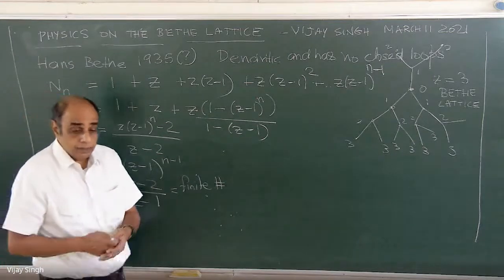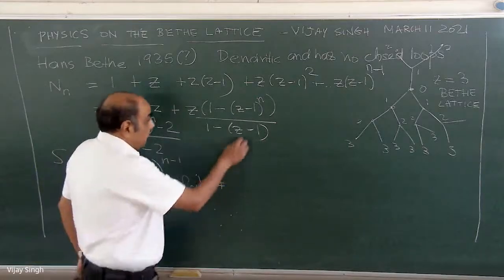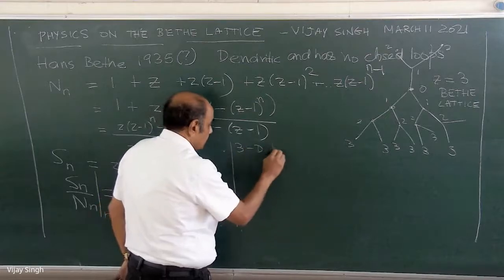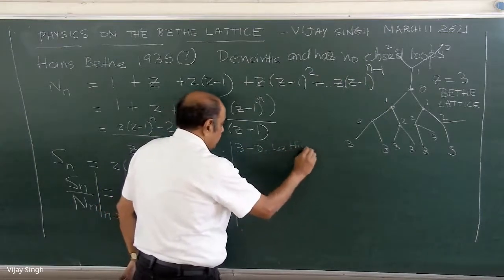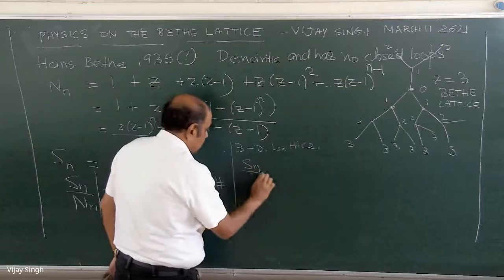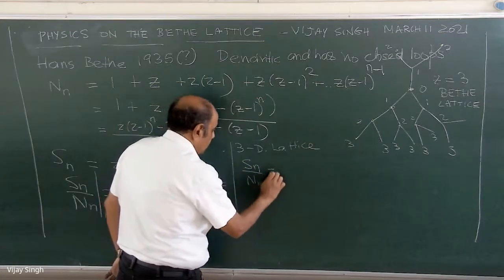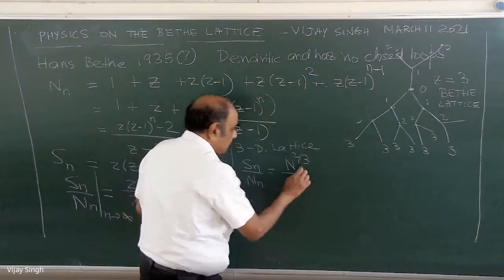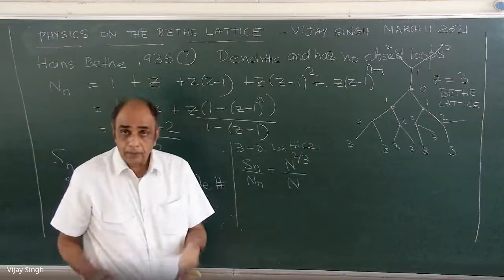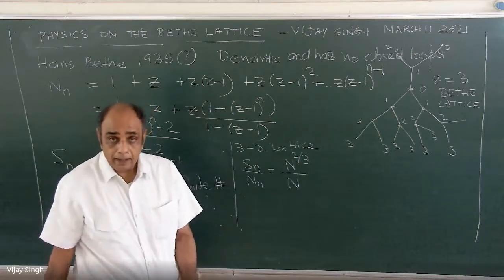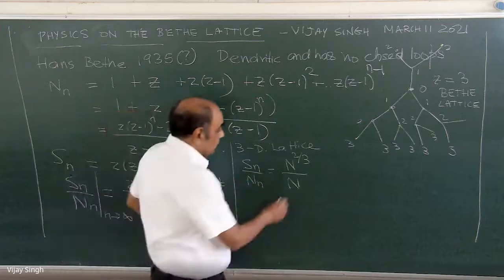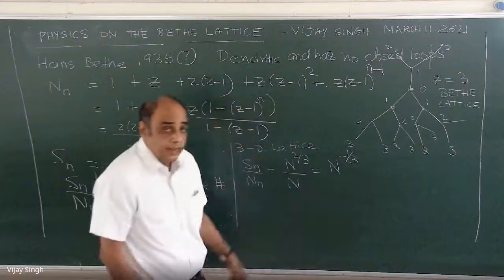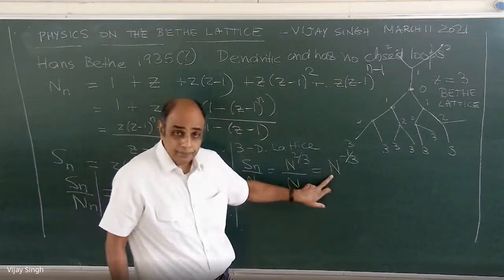How is it, say, for a three-dimensional lattice? For a three-dimensional lattice, S n over N n goes as n to the power of minus 1/3, since 2/3 of the atoms are on the surface. It's 4 pi r squared over 4 pi by 3 r cubed. So this goes as n to the power minus 1 by 3. When n becomes large, this goes to 0.